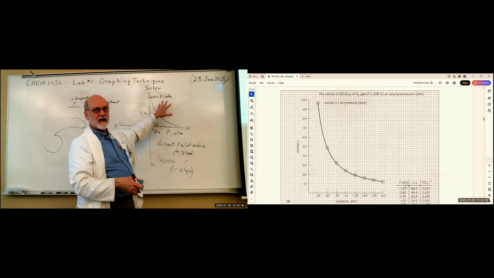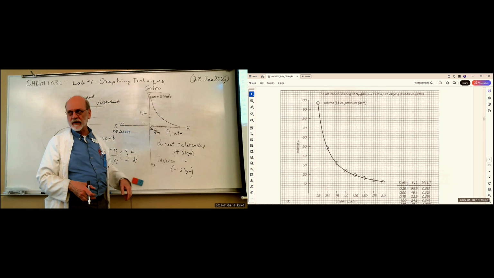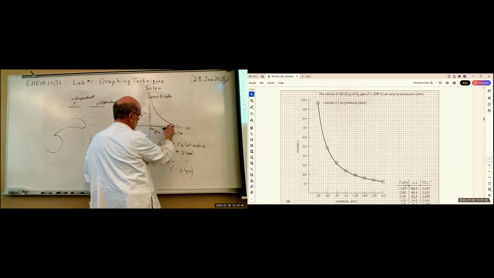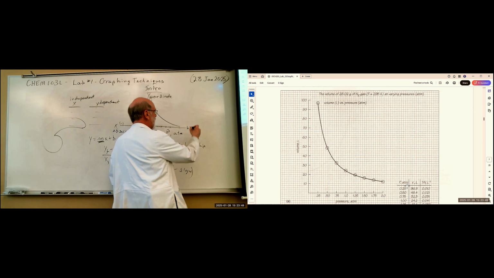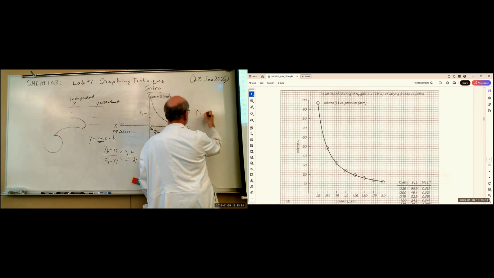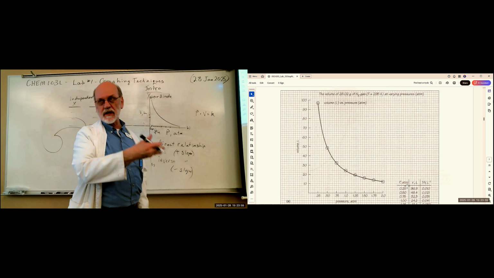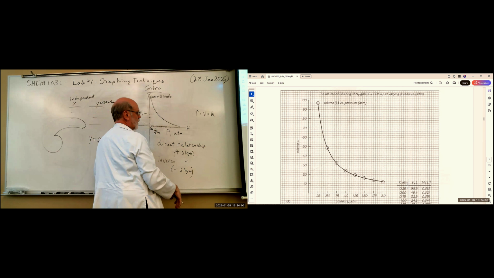In the real world, we're positive, positive. In the mathematical world, you could have another mirror over here. But as the pressure increases, the volume decreases. But it's due to the fact that when we say pressure times volume, we always get a constant value. There, I just gave you Boyle's law. That's why we get this curve.